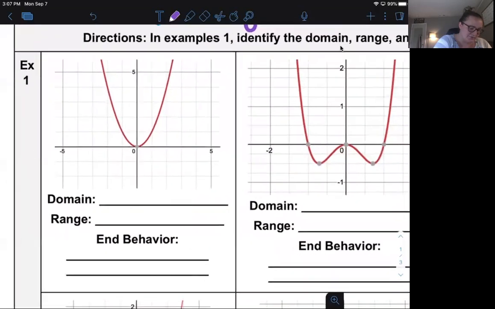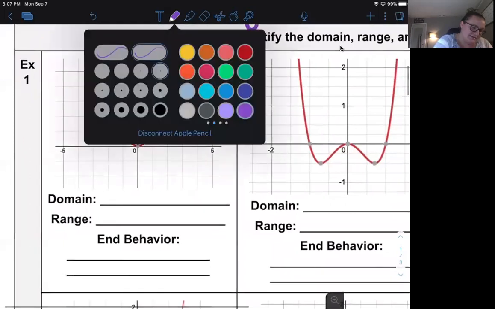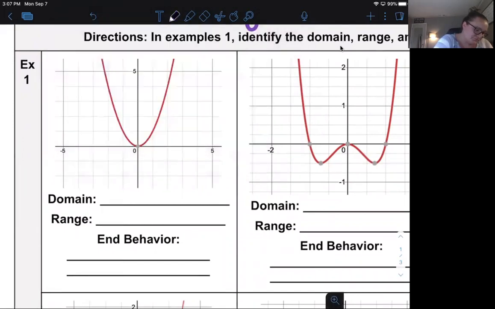So for example 1, we actually need to add some arrows to this graph. So I'm going to add arrows to the axes. I also need to label my axes, X and Y. And then we're going to add arrows to the graph itself, so that way we can see that this graph continues on infinitely to the left and to the right.